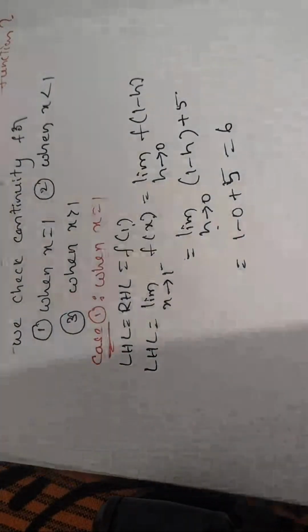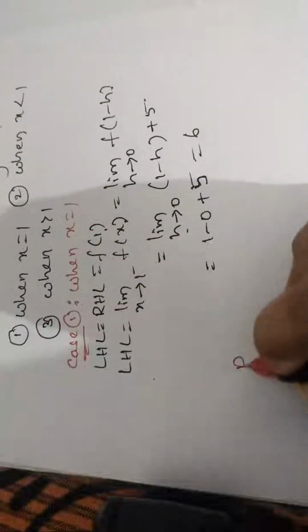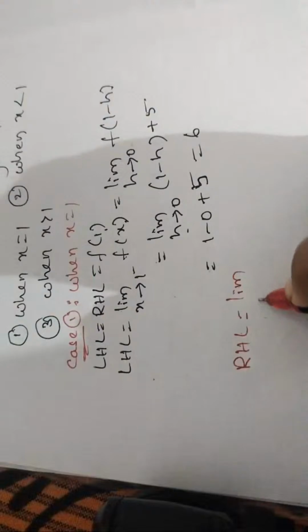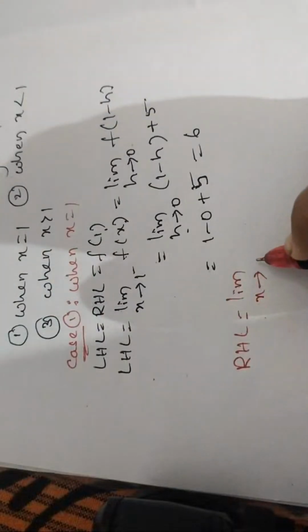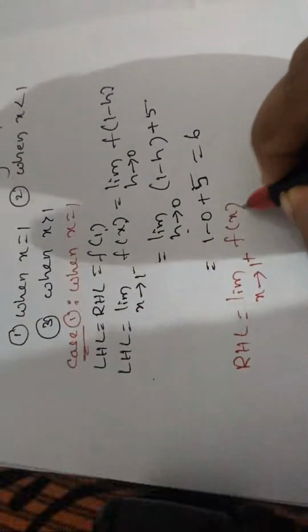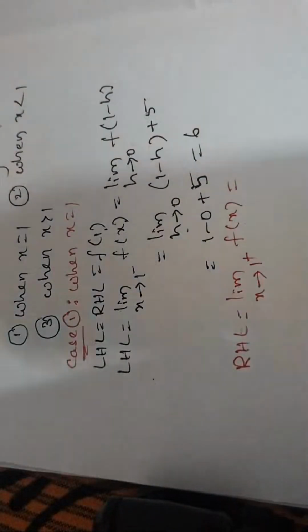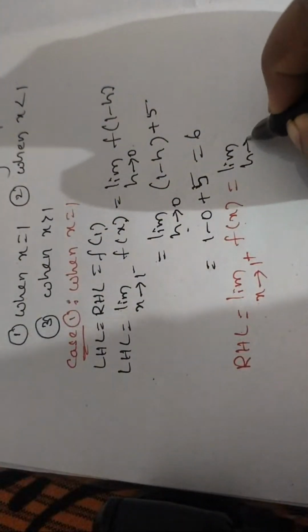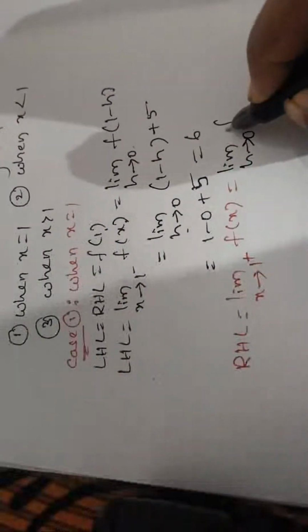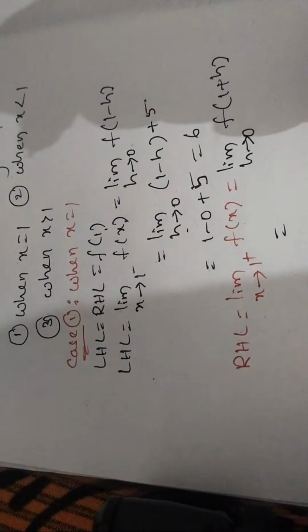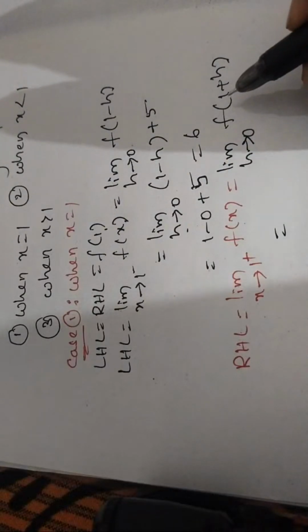Next, RHL. How can we write this RHL? Right hand limit is equals to limit x tends to the right hand of 1, meaning more than 1, that is 1 plus, of f of x. I will start from 0. So limit h tends to 0 f of 1 plus h, here 1 plus h means more than 1. Check the question.